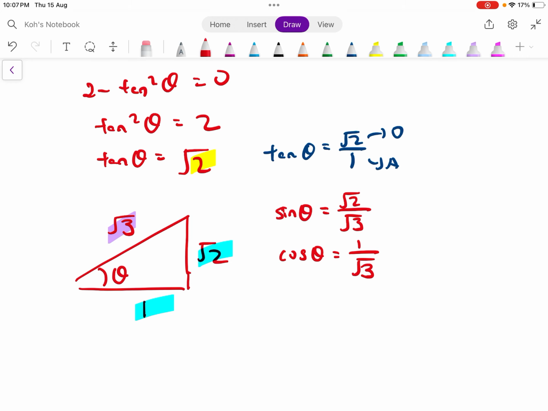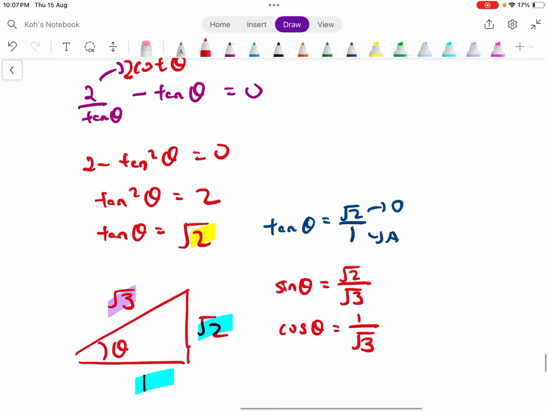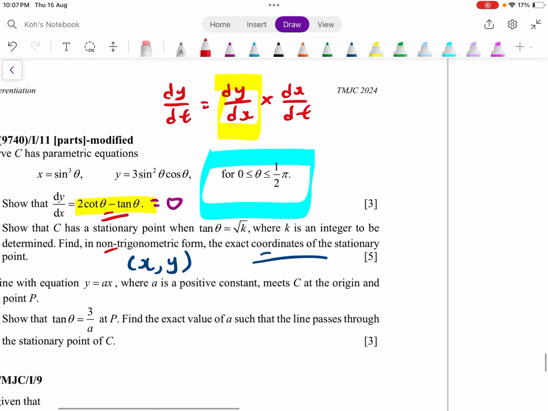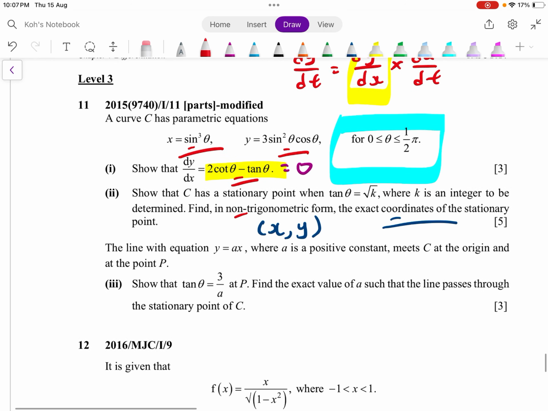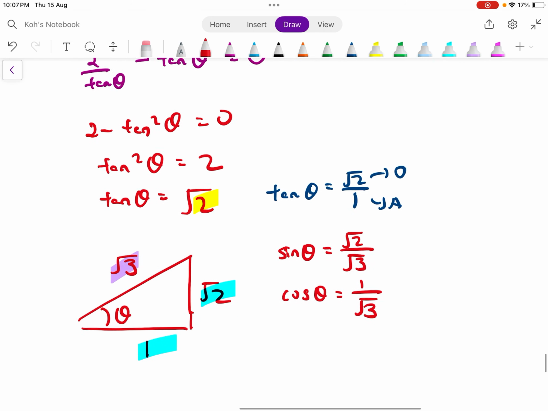Why do I want to find these two things? Because if you go back to the parametric equations of the question, x is equal to sine cubed theta, and y is equal to 3 sine squared theta cosine theta. The key thing about part 2 is not to find theta, but to find what x is and what y is.